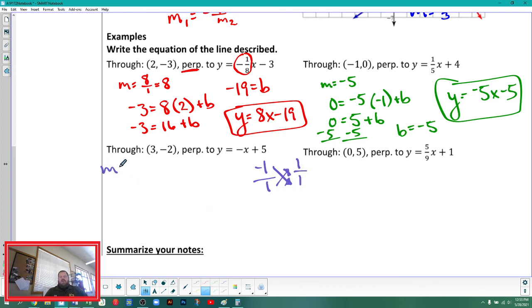So my new slope is 1. Putting that into our equation, negative 2 equals 1 times 3 plus b. 1 times 3 is 3, and if I subtract 3 from negative 2, I get negative 5. And so we get y is equal to 1x, or just x, minus 5.